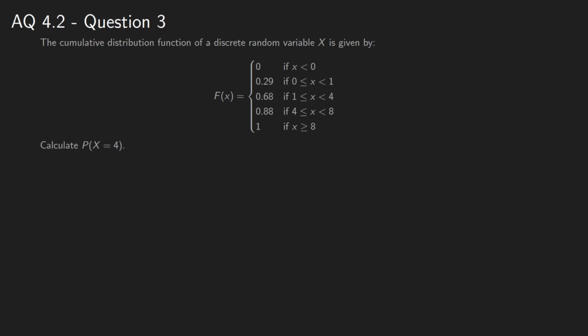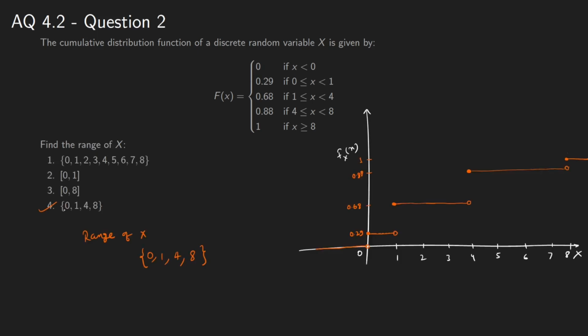The third question is based on the same data that we are given, but here we have to calculate the probability that x will take value 4. As we know, if we have been given the CDF, or cumulative distribution function, for a discrete random variable, then the probability that it will take a certain value at any point is represented by the amount of jump that the CDF takes for that random variable at that point.